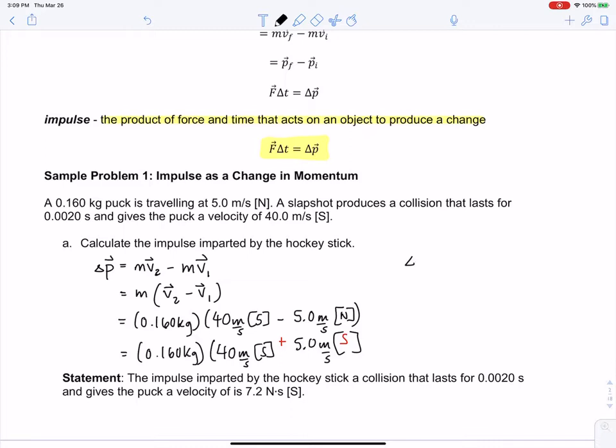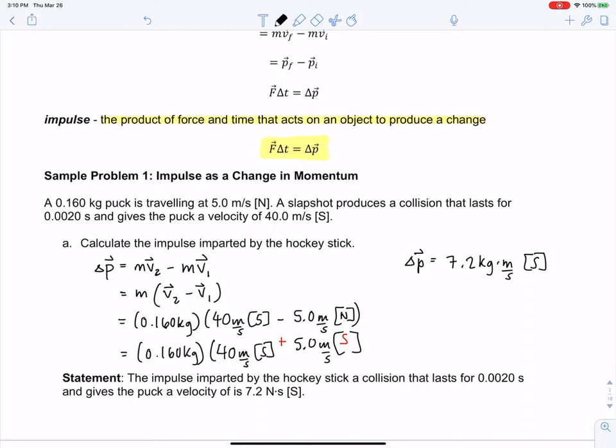Compute this in our calculator, and we end up with a change in momentum of 7.2 kilograms times meters per second south. We can also express this in the units that are best represented for impulse.